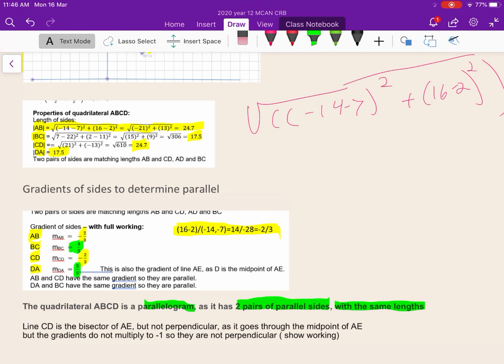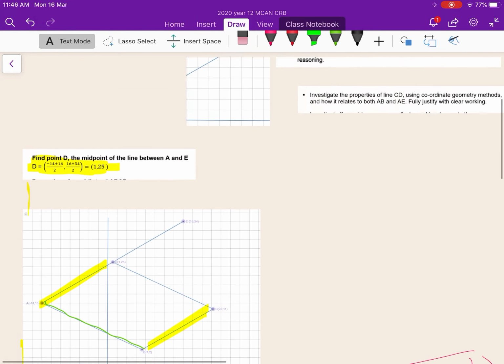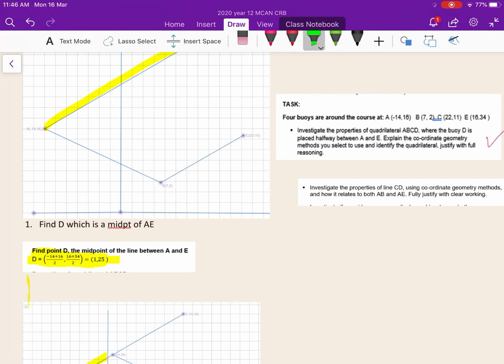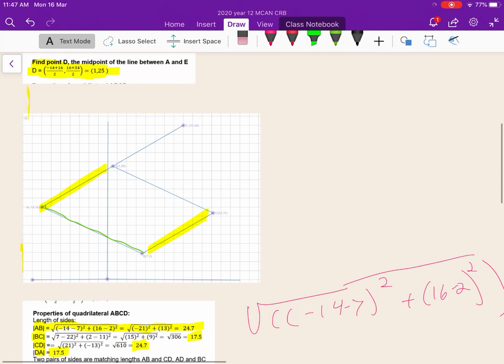Now, the other thing that it asks me to do up in the question, so I've covered this. It also wants me to investigate the properties of the line CD and determine its properties, how it relates to both AB and AE. So AB and AE, so let's take a look. I'm just going to get rid of these lines.